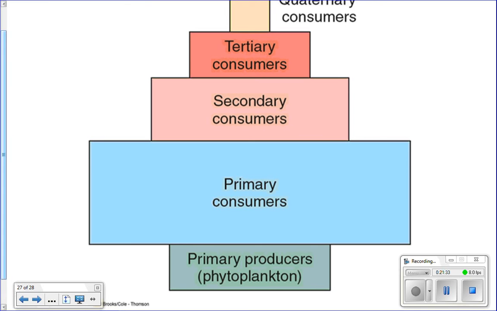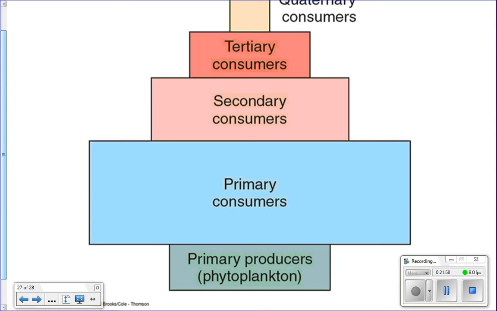So in order to have this many primary consumers, how many primary producers would you have to have? Yeah, like a ton, right? This green bar right here should extend way far out on both sides, but it's like less than the primary consumers. So like, how does that work, right? Only 10% of the energy gets passed on, so this is strange.